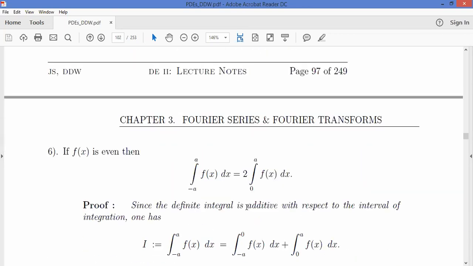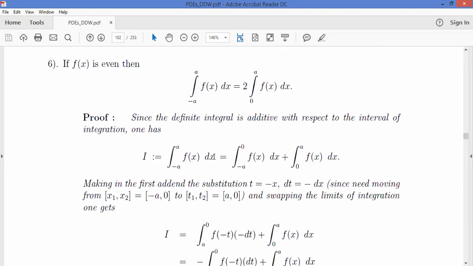We have this property, the first one, which you can go ahead and verify. If you move from minus a to a, this is the same as having twice the integral from 0 to a of f(x). This property, you fully discussed this and even verified it in Calculus 2. That was integral calculus.